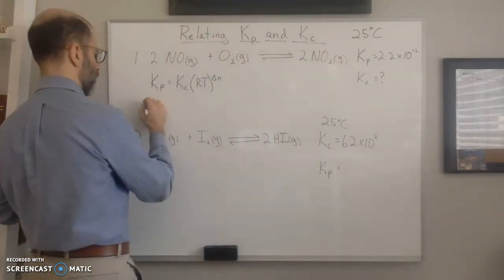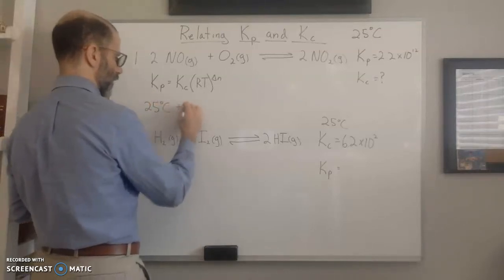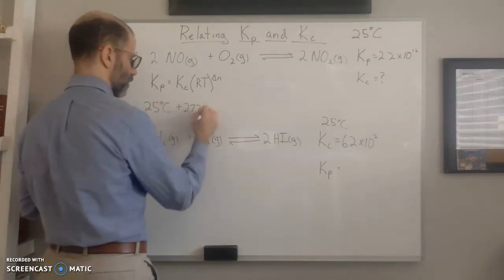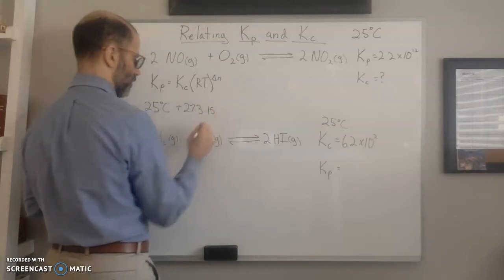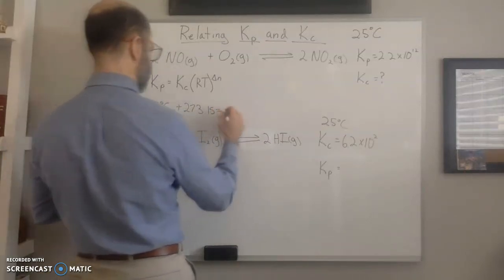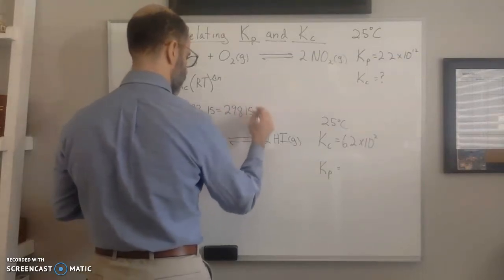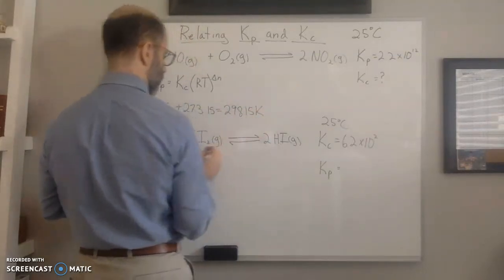So remember, to change your degrees Celsius to Kelvin, you add 273.15, and that's going to give you 298.15 Kelvin.